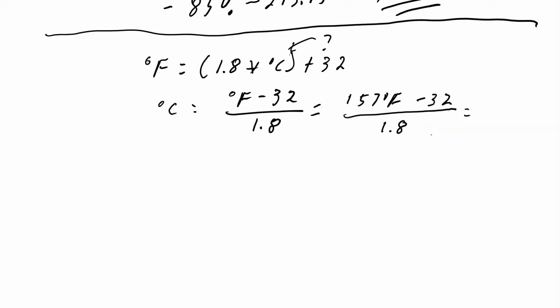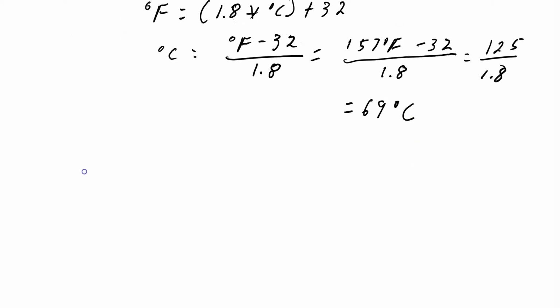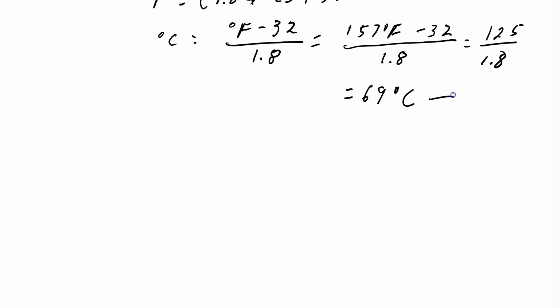Let's do the subtraction first. 32 from 157 is going to be 125 over 1.8. And then doing that division, we're going to end up with 69 degrees Celsius for our conversion to that temperature scale. Now we need to convert this to kelvins. And we saw that equation in the last problem.